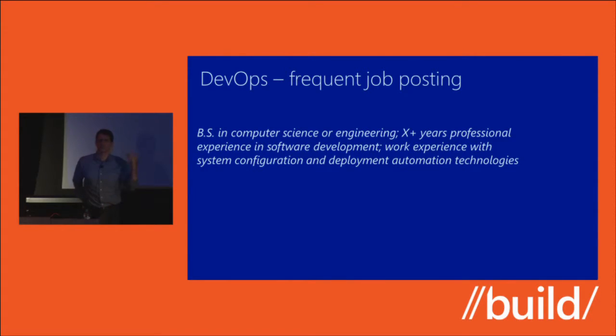This is not your usual old software development description. This is a DevOps description, right? This person understands both the automation of deployment, configuration, and how to write the software. And more, having a unification of those skills really matters.